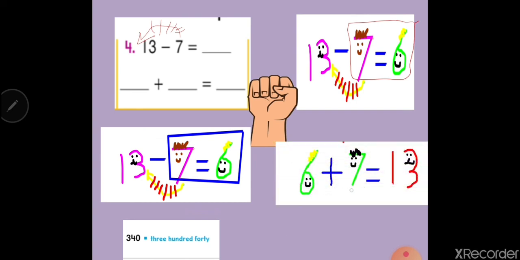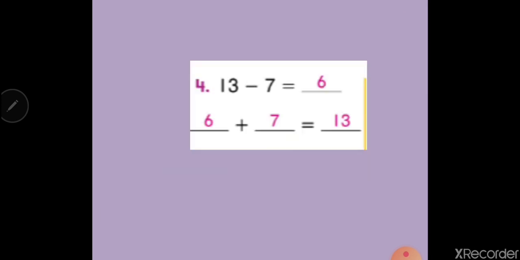How many is 6 and 7? Circle the whole big number. Circle the big number and count on the small number on your fingers. Put 6 on your finger. Count on after 7. 8, 9, 10, 11, 12, 13. The answer is 13. And now you get the whole big number, the daddy.